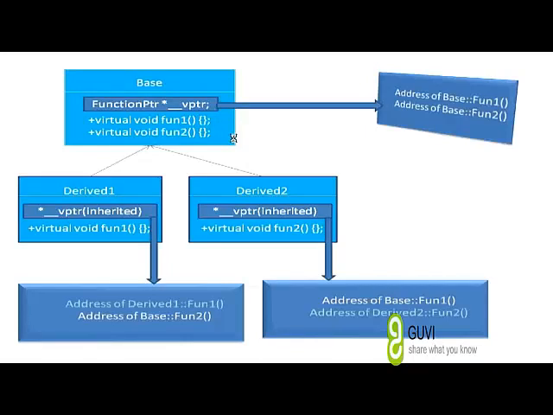So from the base table, the address of the element is being pointed to the virtual table for the functions, which is the address of base function 1 and address of base function 2.